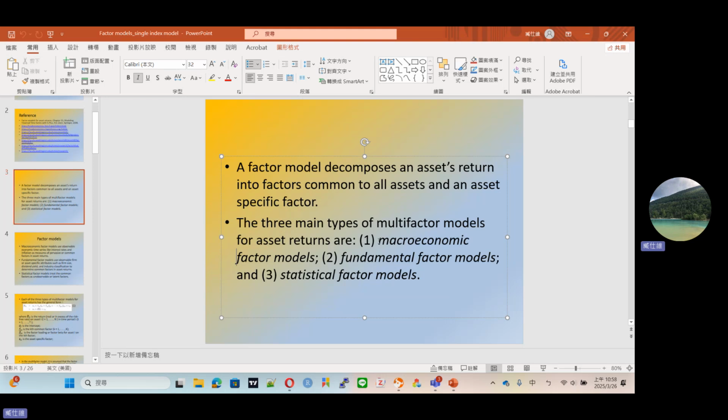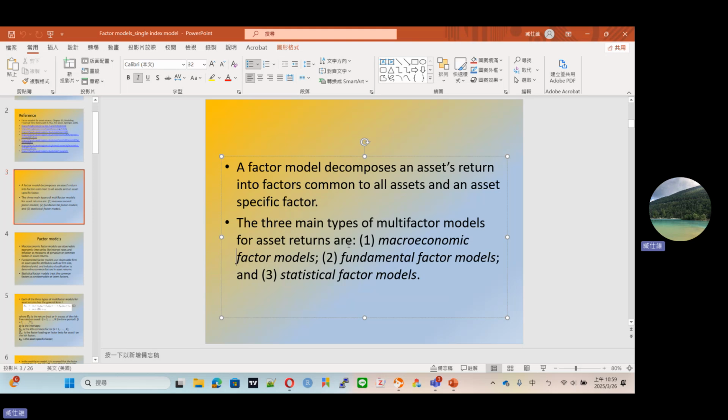So we will discuss the macroeconomic factor models. The second model is the fundamental factor models. Of course, some people like to use fundamental analysis to explain the stock return, for example cash flow, earnings per share, market capitalization, whatever.